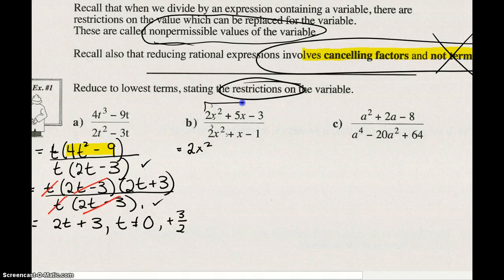So I'm multiplying my 2 times the negative 3, and that will give me a negative 6. What are my factors? And when I do find my factors, I also need to add them together to get that middle term. So in this case, I'm going to have a negative x plus a 6x. I'm not going to spend a lot of time on the factoring part because this is what you should be proficient in by now. We've done quite a bit of this.